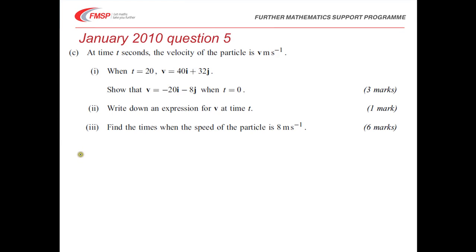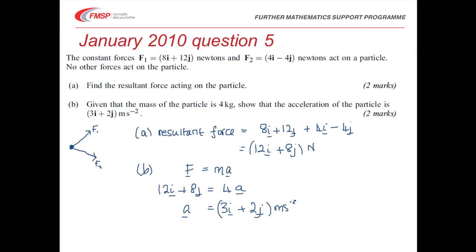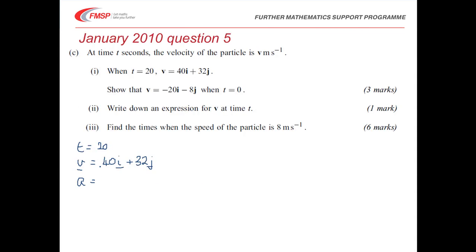So we know that t equals 20, the velocity is 40i plus 32j, and the acceleration, if you remember from what we did just before, we worked out to be 3i plus 2j.